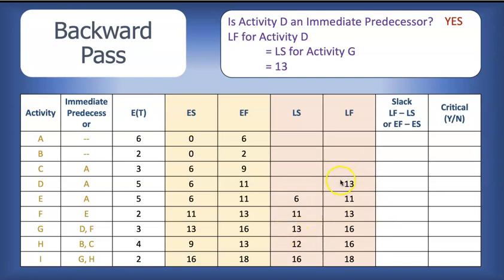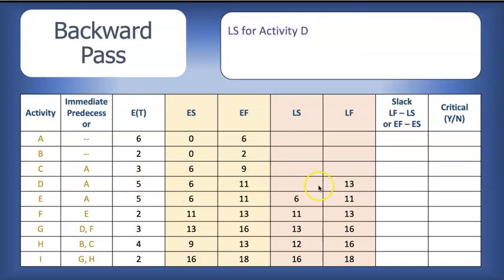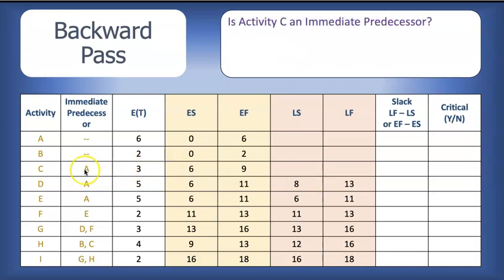For the latest start time, we simply subtract the expected time of 5 weeks. 13 minus 5, 8. We're on to C. Is activity C an immediate predecessor? And the answer is yes. It is an immediate predecessor for activity H. So activity C needs to end in time to pass the baton to activity H. Activity H must start by the latest week 12.